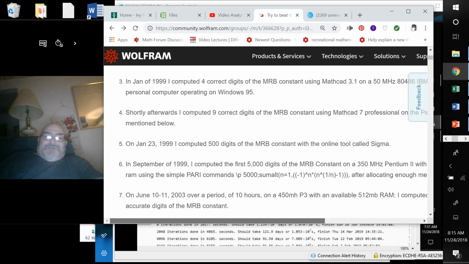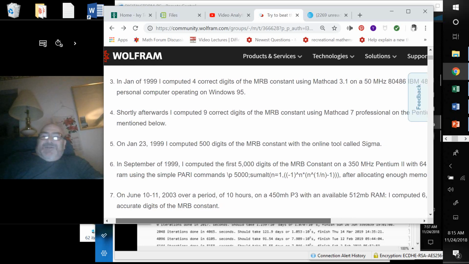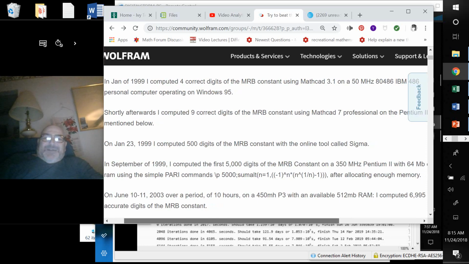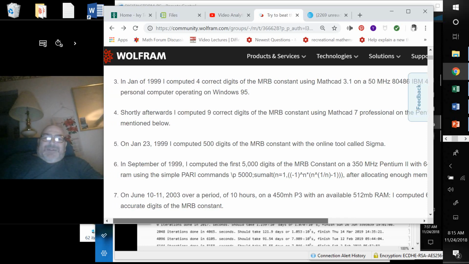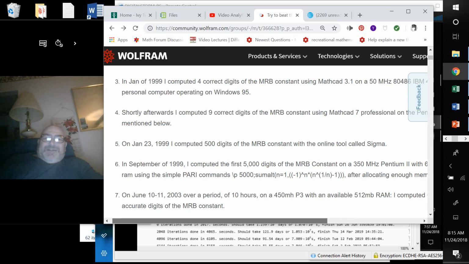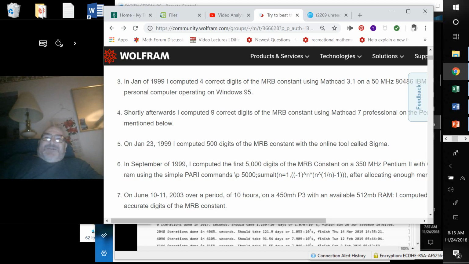Trying to save up for a better computer with 256 gigabytes of RAM. So we'll see. Actually, I don't know, kind of embarrassed to tell you about it, but you guys think I'm pretty efficient, but I got a GoFundMe page about it. I'm not going to tell you any links to it or anything here because that would be probably breaking some rules. But anyway, I computed 5,000 digits of the MRB constant with it.